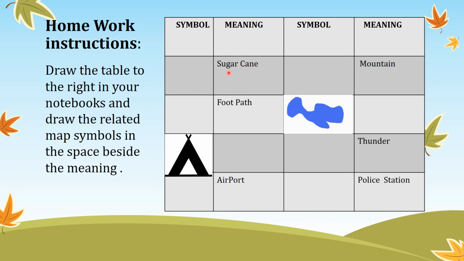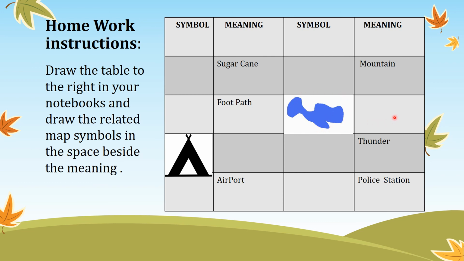For example, right here in this column, I'm seeing sugar cane. You are to place right here, draw the symbol that represents sugar cane on a map. Right here is mountain. You are required to draw the symbol that represents mountain on a map.